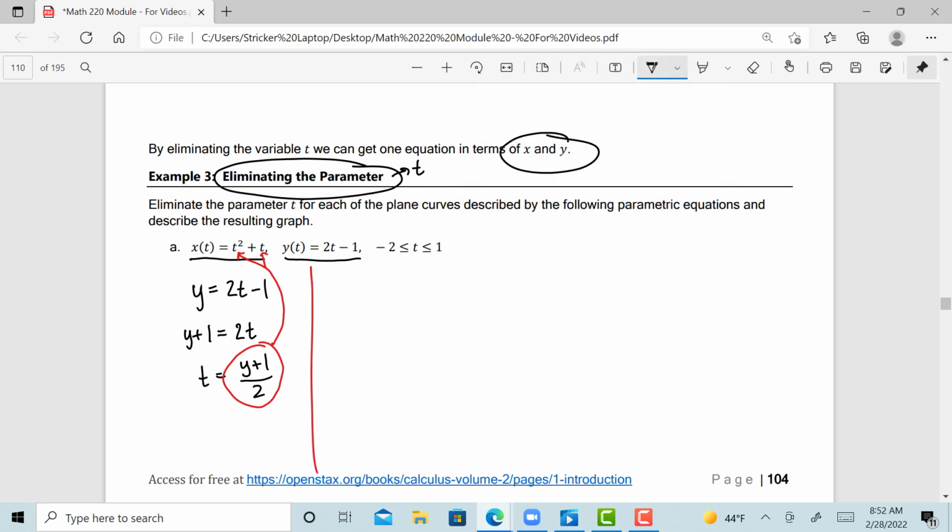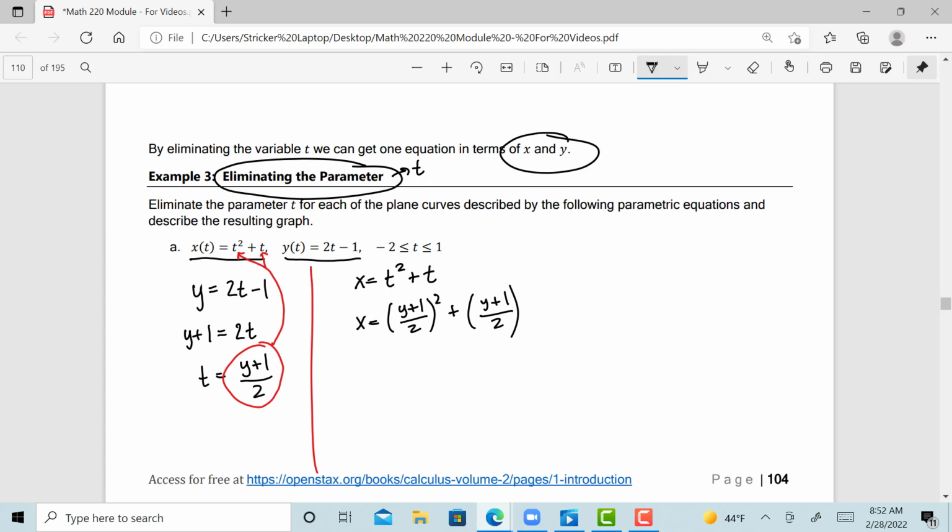If we take our equation x equals t squared plus t, and we substitute y plus 1 over 2 there, we get, first of all, x equals (y plus 1 over 2) squared plus (y plus 1 over 2).